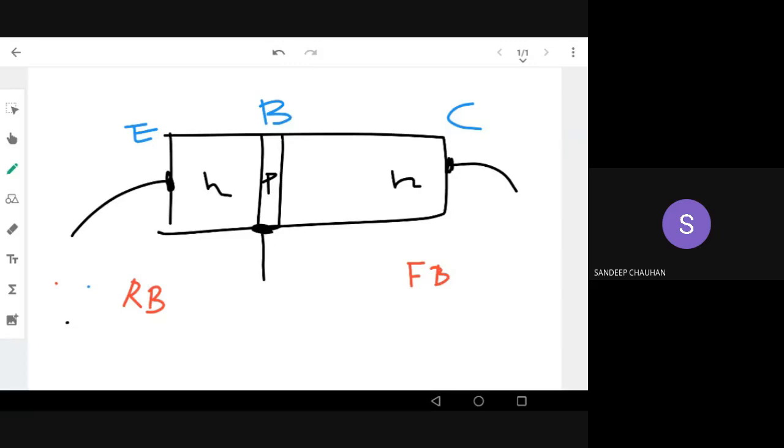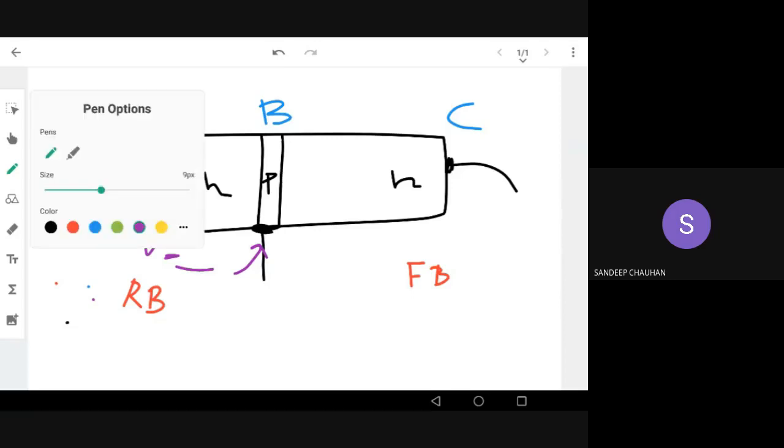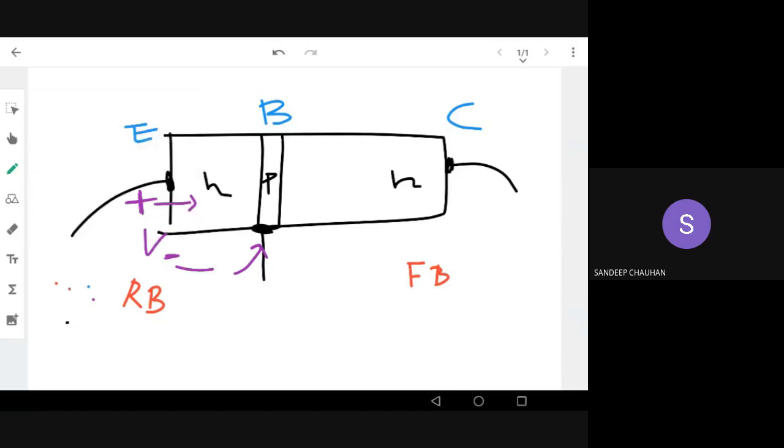right? Because what is the meaning of reverse bias? That means I've given voltage, this is plus here and minus here. This is positive on the N side and negative towards the P side. So we can know that all the electrons in the N region will be attracted towards this region.